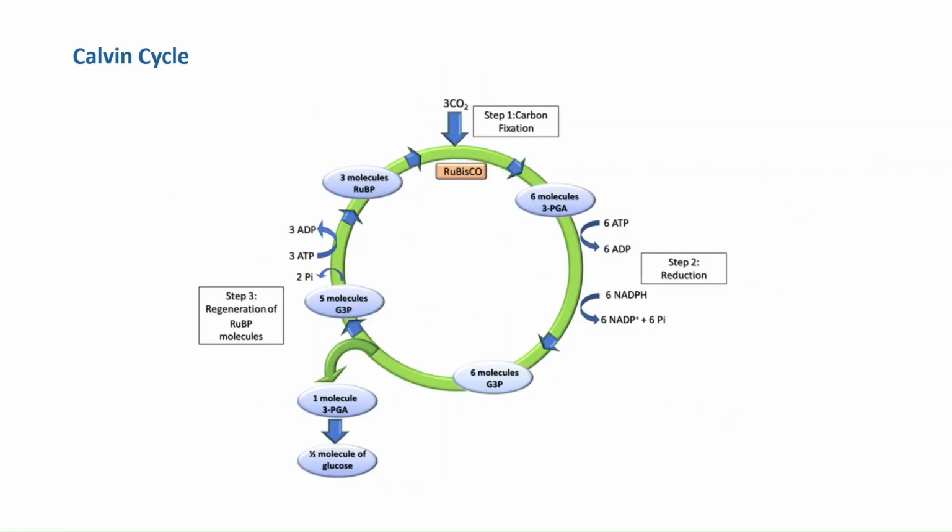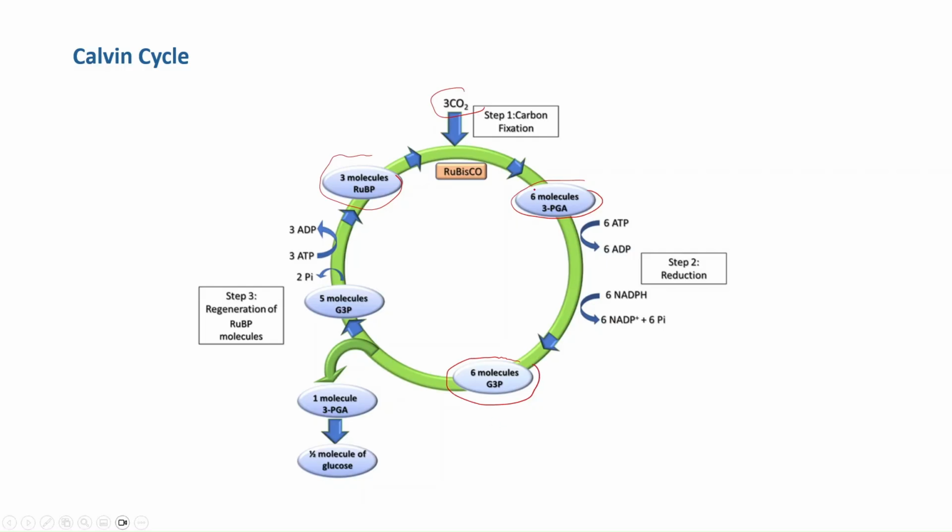Here you have a brief summary. This is 3 turns. So you begin with 3 ribulose biphosphate. That takes 3 carbon dioxides. It makes 3 PGAs that eventually are going to form 6 G3Ps.